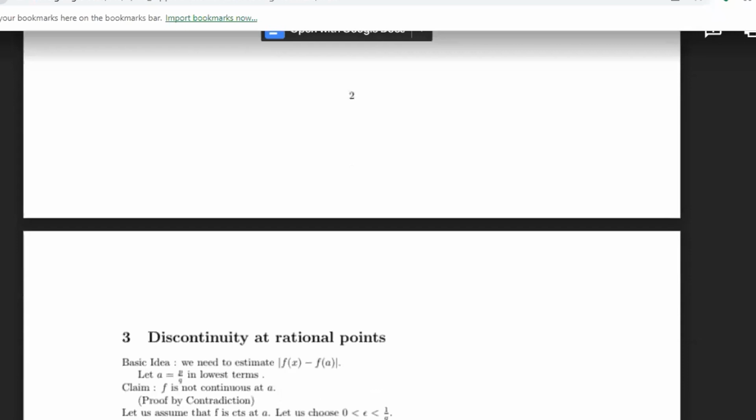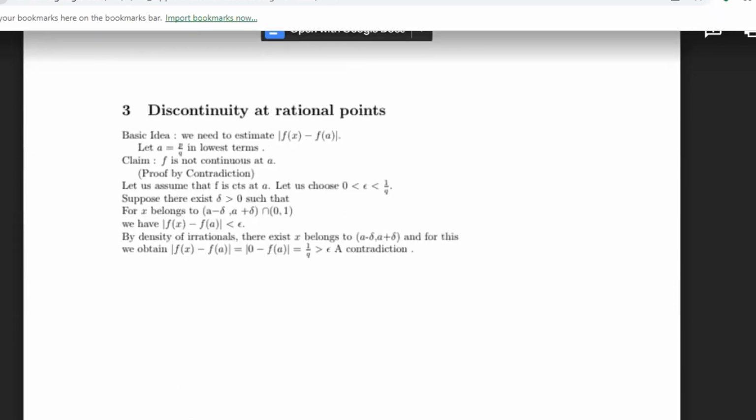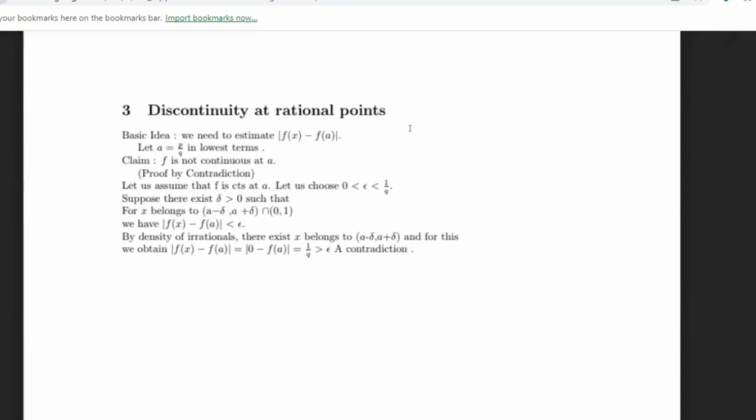So today I am discussing the continuity and discontinuity of this Thomae function. Let us first discuss discontinuity at rational points. The basic idea, as we all know, while doing continuity and discontinuity, is that we have to estimate mod f(x) minus f(a).